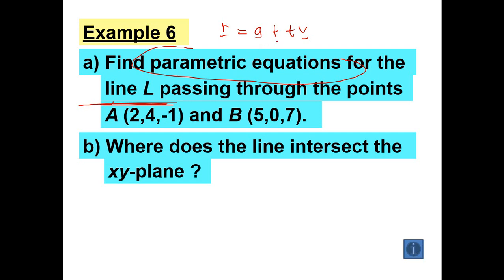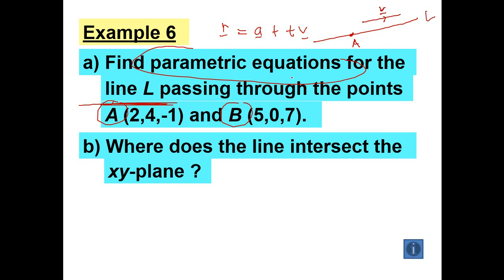You need to find vector a, a fixed point that lies on that line. Means that you have two points, you can take A or B. And then vector V, which is parallel to line L.